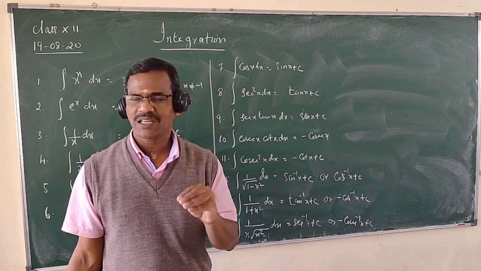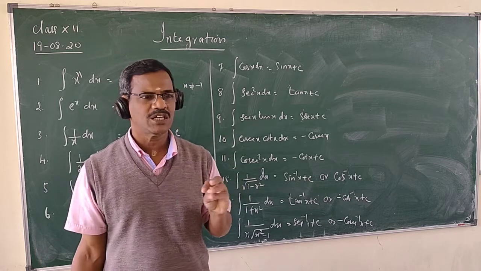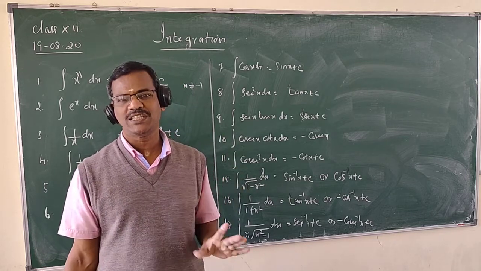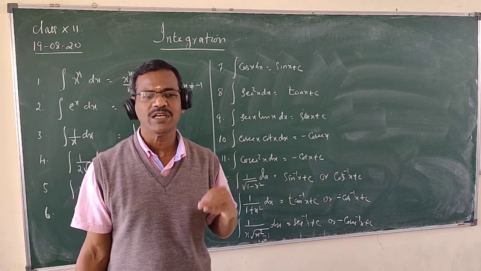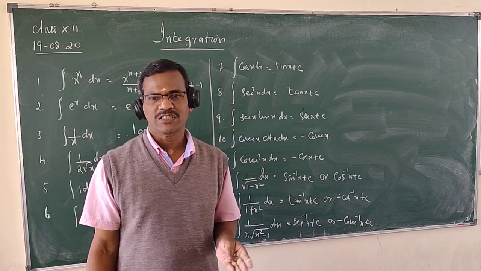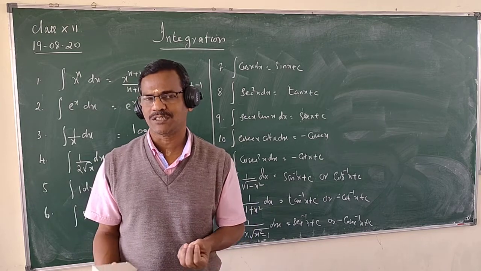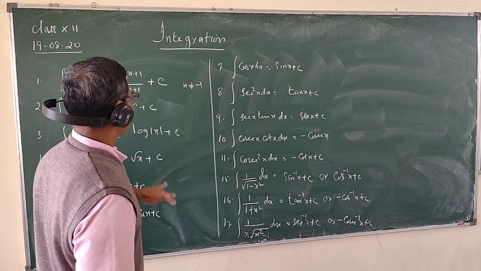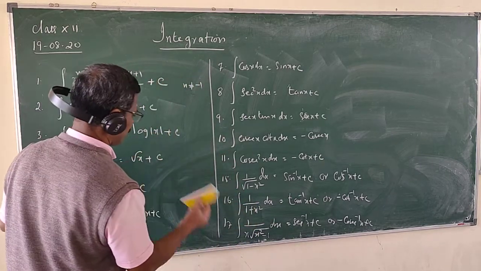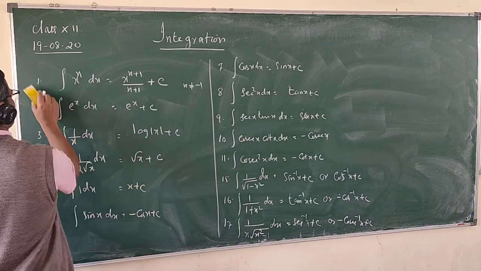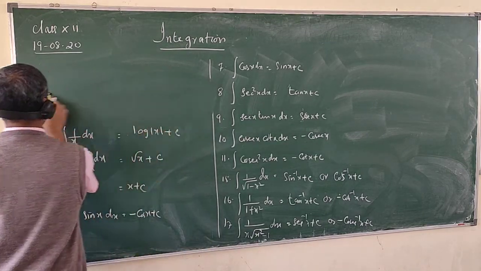But unfortunately here when function of function comes, things are not so easy as compared with differentiation. That is why the integration process is a little bit tougher than the differentiation process. Okay, now let us see how the function of function comes, how we can integrate that one.